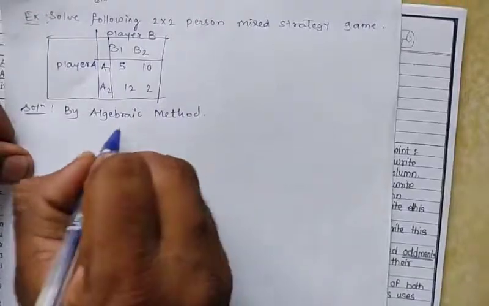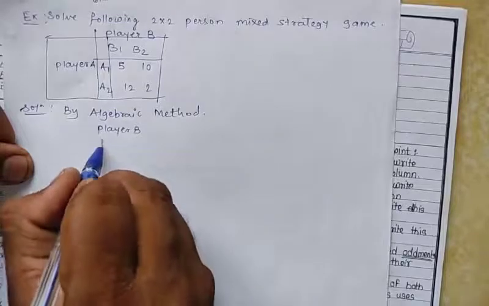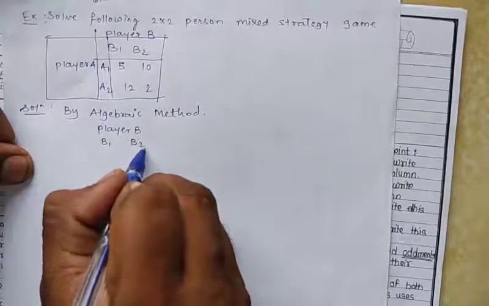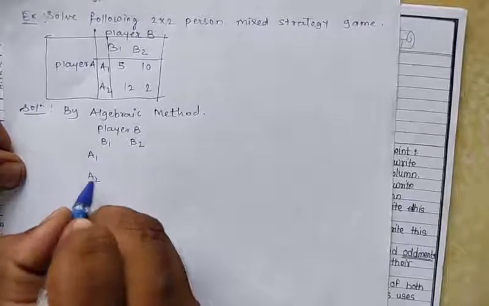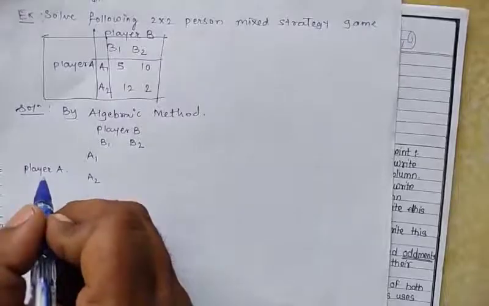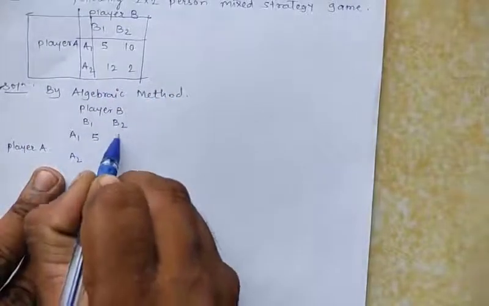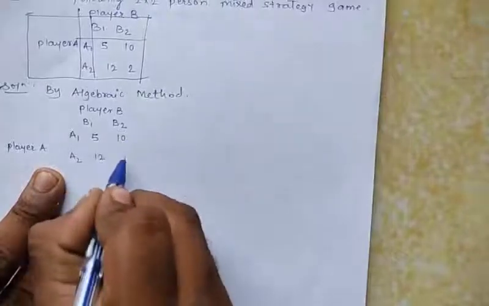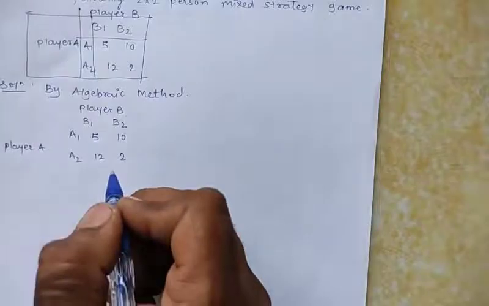Player B has strategies B1, B2, and player A has strategies A1, A2. We have 5, 10, 12 and 2.